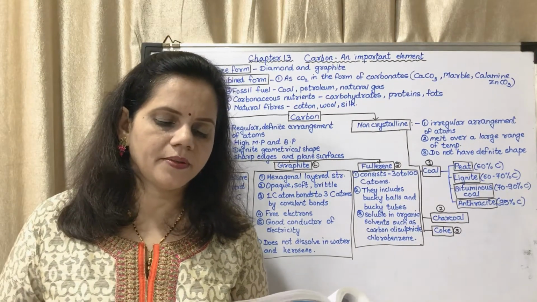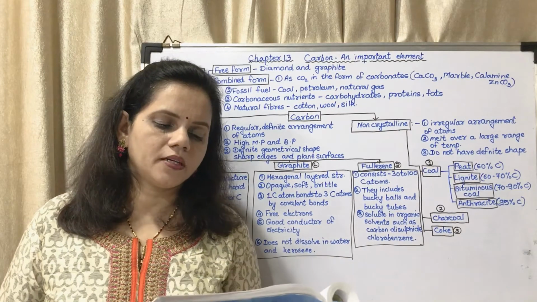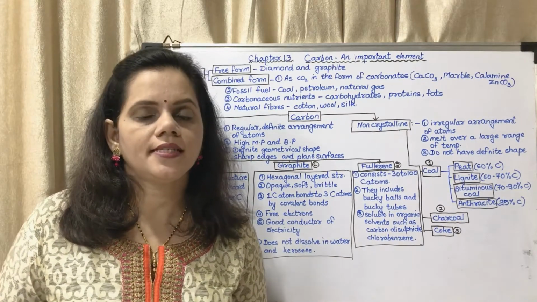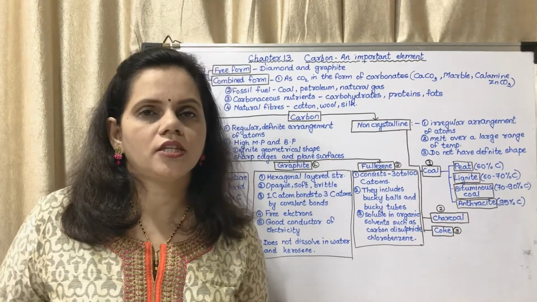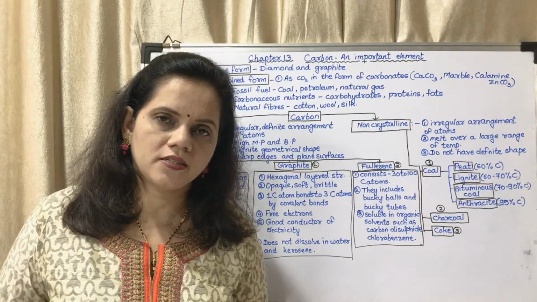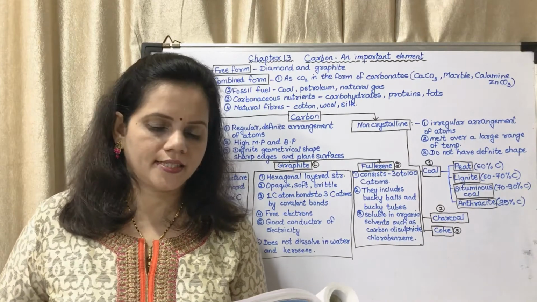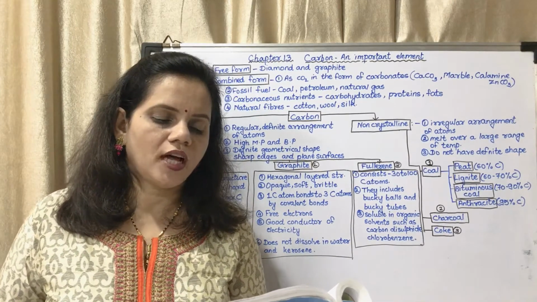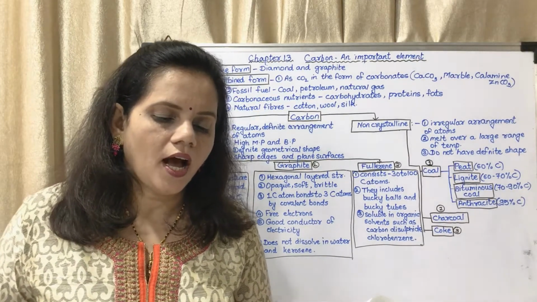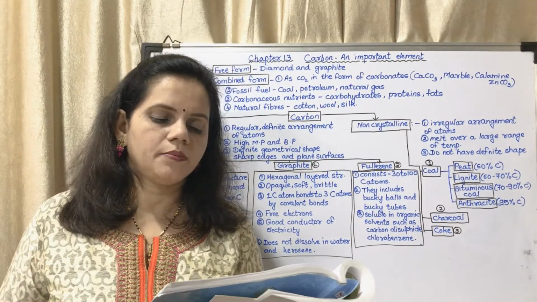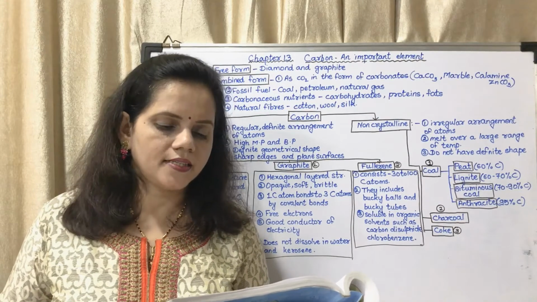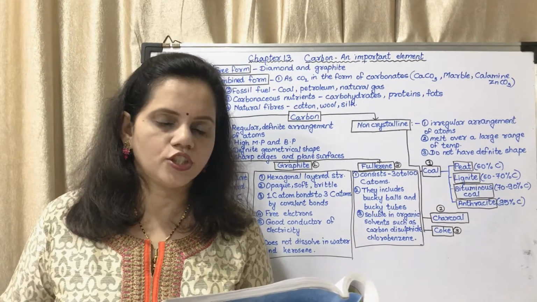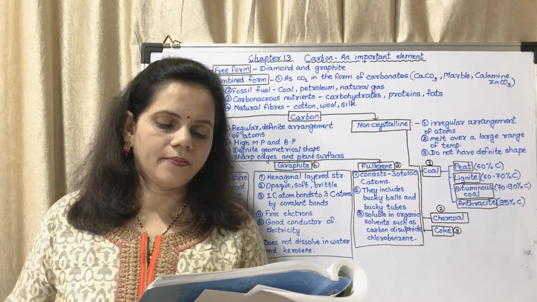The first example of fullerene is Buckminster fullerene, which is C60. Now this is an objective question. The molecular formula of Buckminster fullerene is C60. This allotrope of carbon is named fullerene after the architect Richard Buckminster Fuller, because the structure of C60 resembles the structure of the geodesic dome he designed.